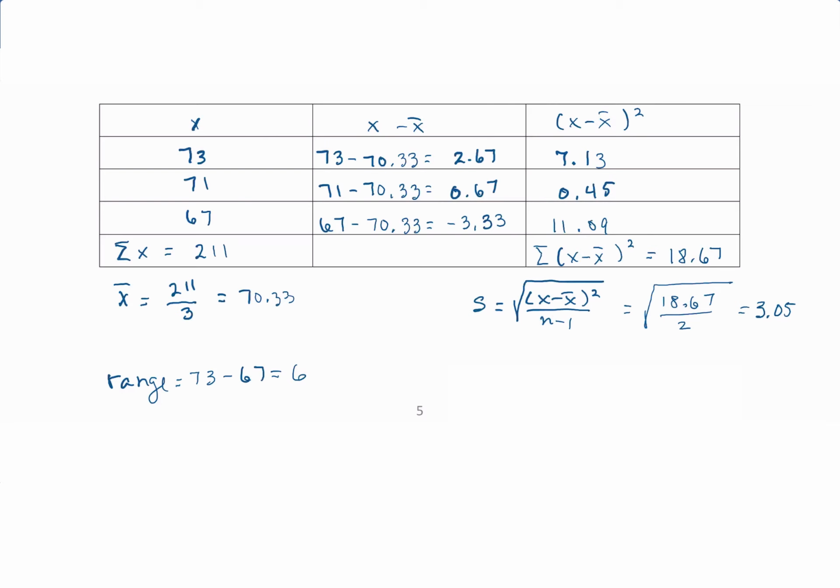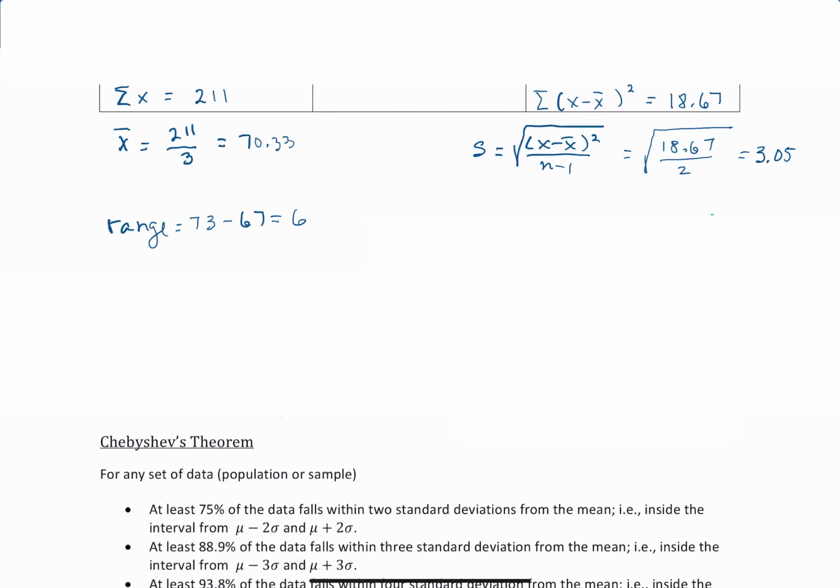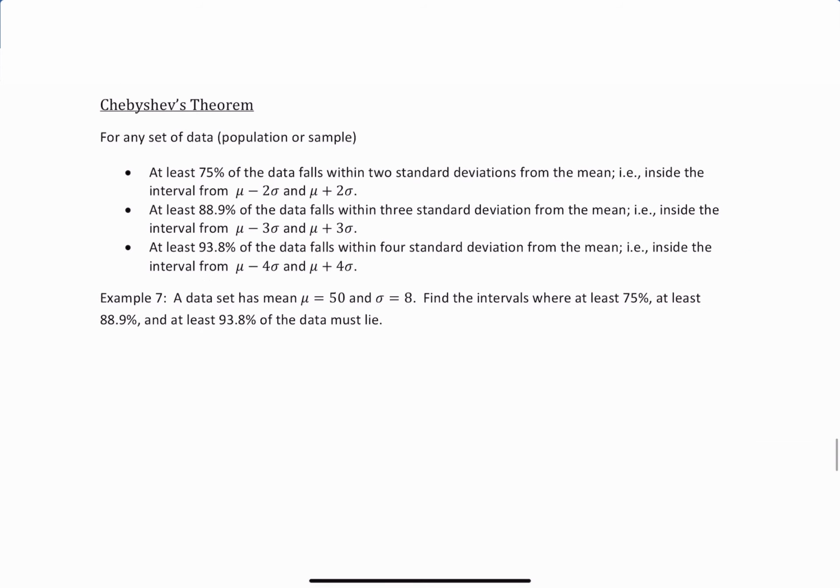Then we have our x minus x bar column, our x minus x bar squared column, and your x minus x bar squareds should have added up to 18.67. So then for the standard deviation, we'd have the square root of 18.67 over 2, which works out to be 3.05. The range is 6, 73 minus 67.